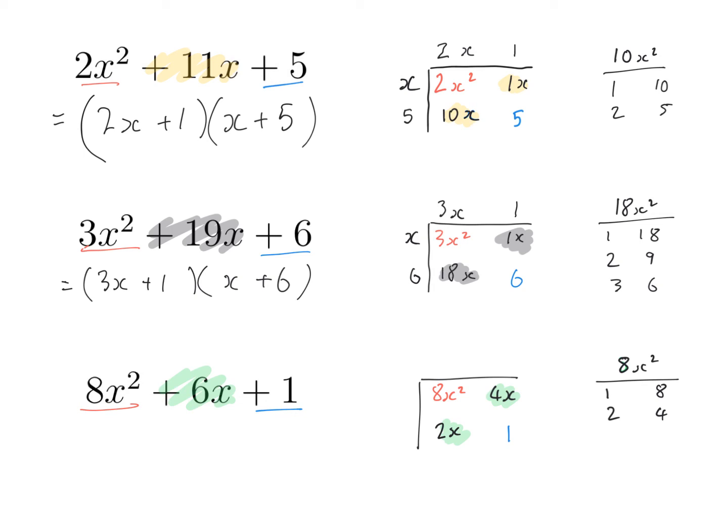I can start pulling out common factors. I'm going to pull out common factors here to begin with, though you could just as easily start pulling out factors there. 8x and 4x. Both of these have got a 4 in common. Both of these are divisible by 4. So we've got a factor of 4.